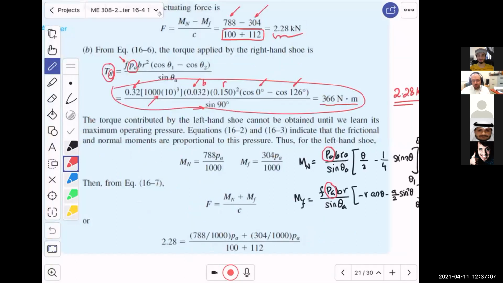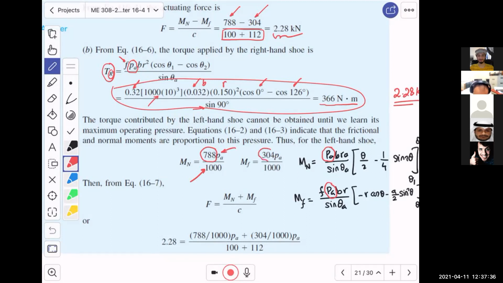So in the solution, what did he say? He said, okay, let me take the same value, which, by the way, was obtained from 1000 kilopascal, divided by 1000 kilopascal, and then multiply it by the unknown pressure PA, which I don't know.